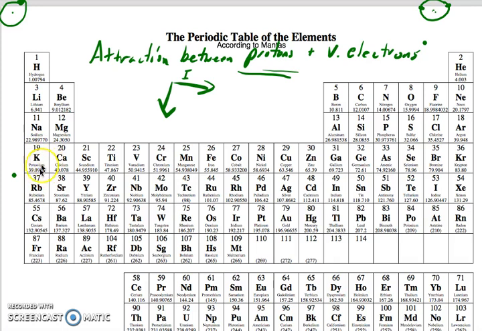So let's do rubidium again. Rubidium has one valence electron. As I go down, cesium only has one valence electron. Now it's true that there are many electrons different. I believe that's 18 additional electrons and protons, 18 additional protons for cesium. That sounds like higher attraction, right?